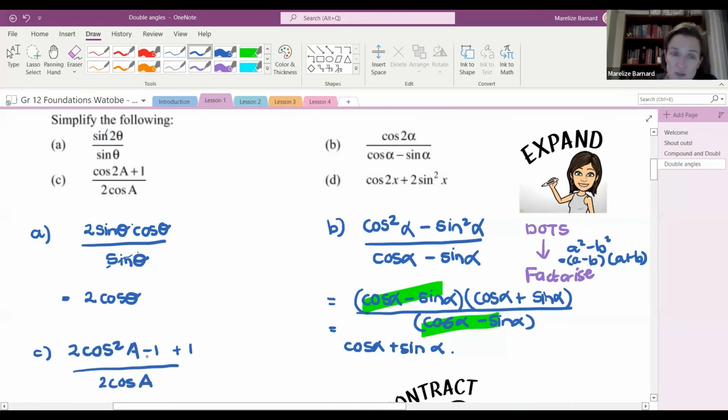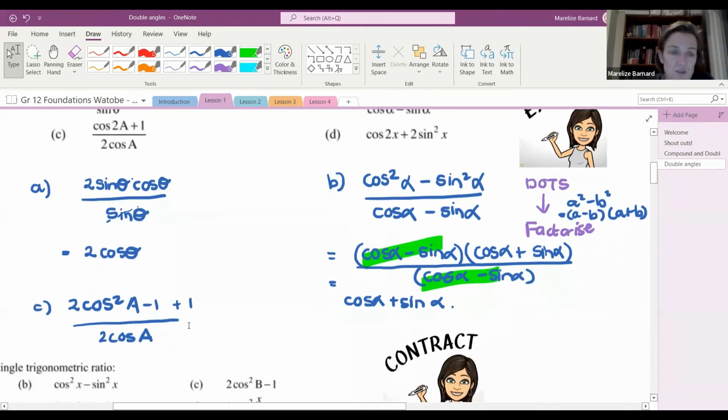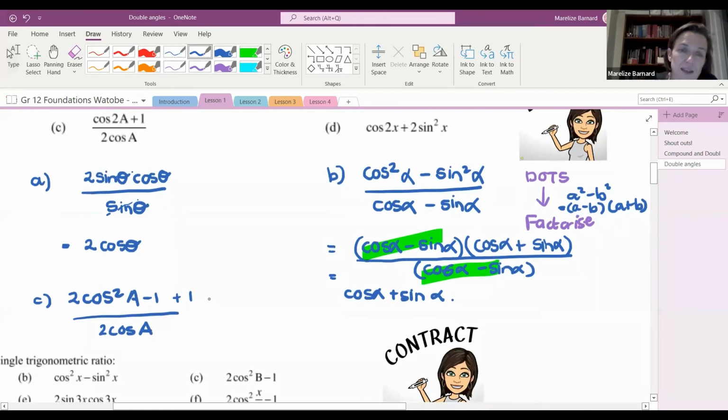And it's your best option because minus 1 plus 1, that adds up to 0. And then we're left with 2 cos squared A over 2 cos A. 2's go. Cos squared divided by cos A, that's just going to be cos A.